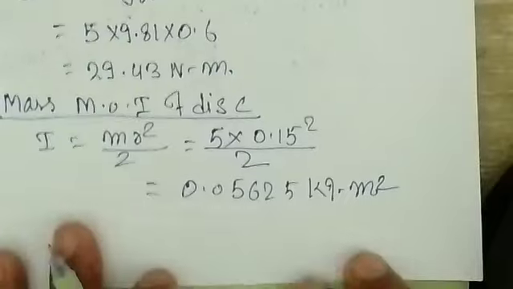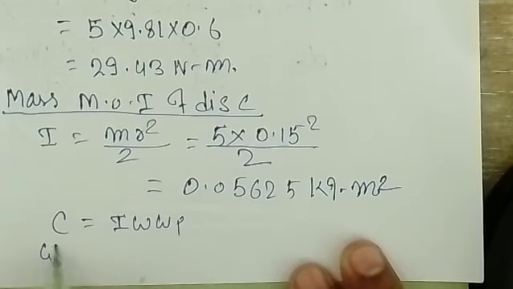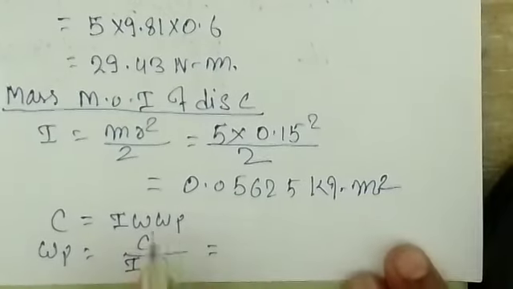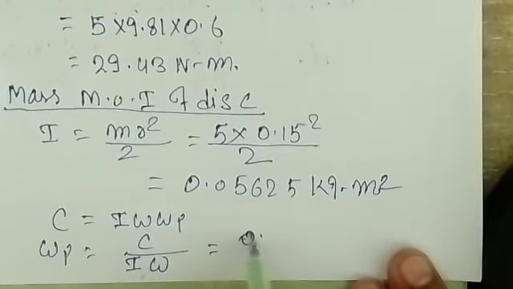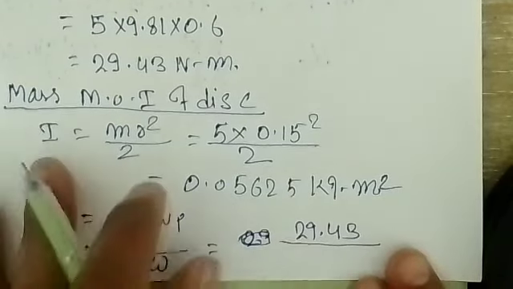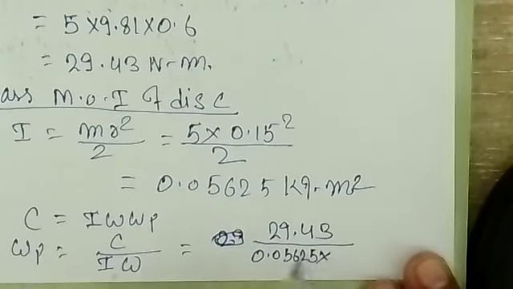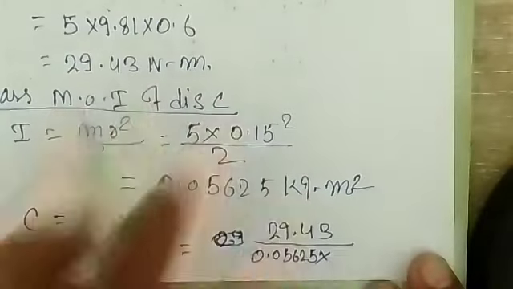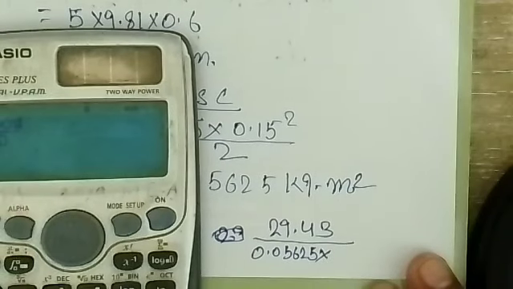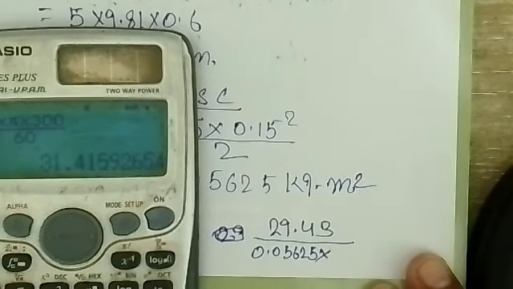Then the gyroscopic couple C is equal to I omega omega P. So omega P is C by I omega. C is 29.43, I is 0.05625, and omega is 2 pi N by 60. So omega is 2 into pi into 300 by 60, which is 31.41.